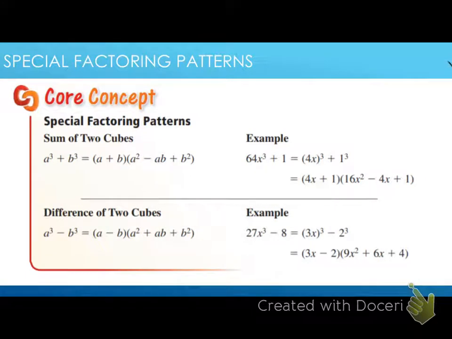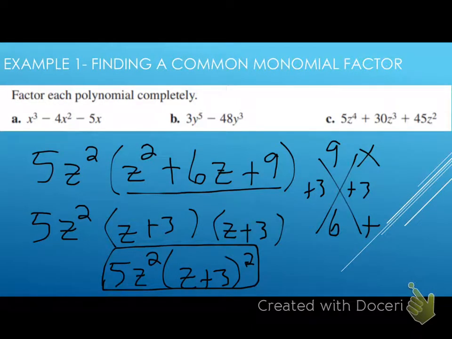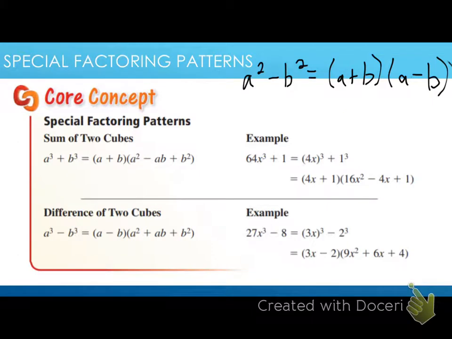All right. So we just saw an example where we had the difference of two squares, correct? We had a squared minus b squared equals a plus b times a minus b, correct? That was letter B. Back whenever we did difference of squares, did we have a sum of squares formula?